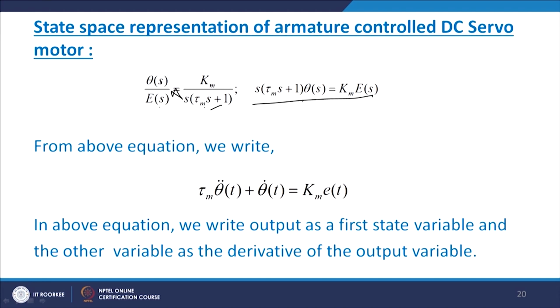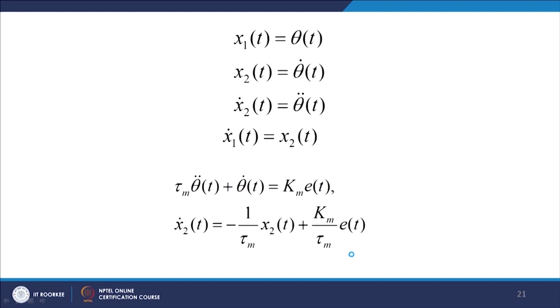After solving this, we have got tau m theta double dot t plus theta dot t equal to Km into e of t. In the above equation, we write the output as the first state variable and the other variable as the derivative of the output variable. So here we have taken x1 of t equal to theta of t, x2 of t equal to theta dot t, then x2 dot of t equals theta double dot t.